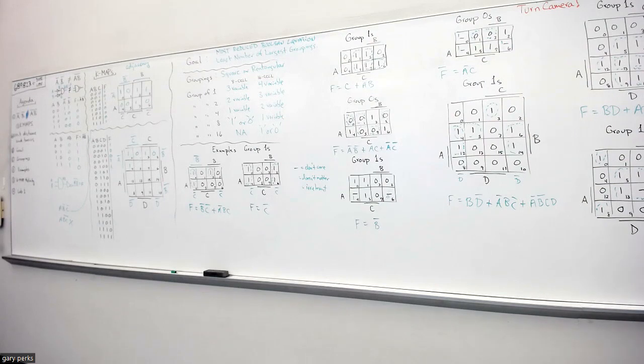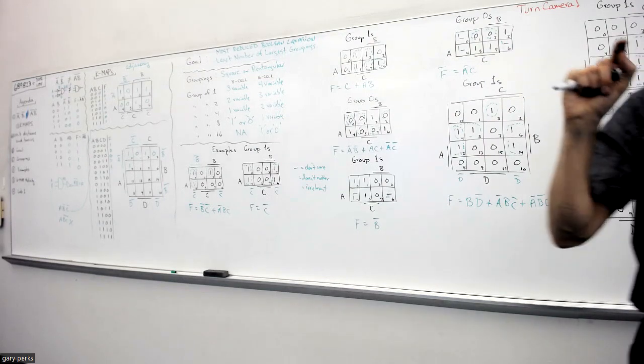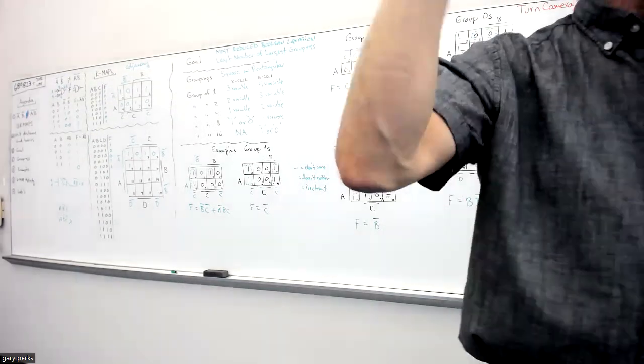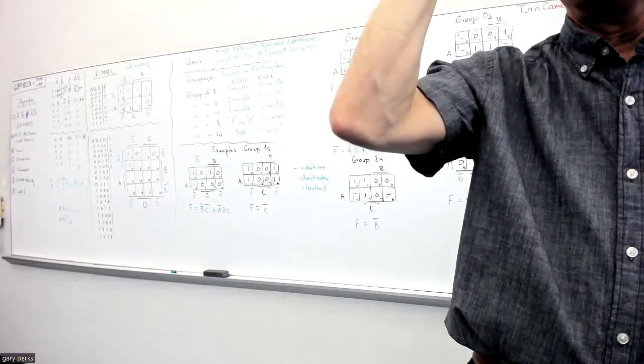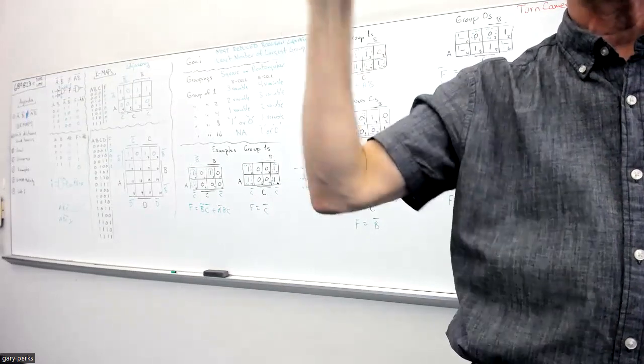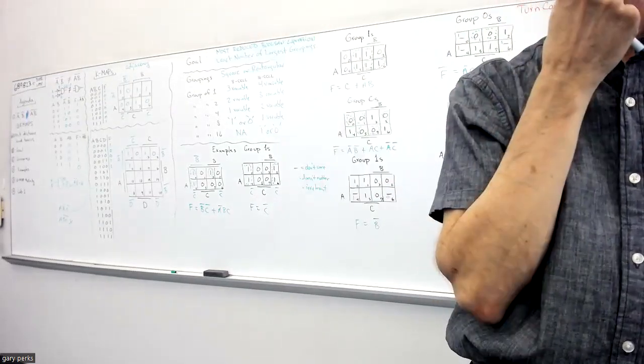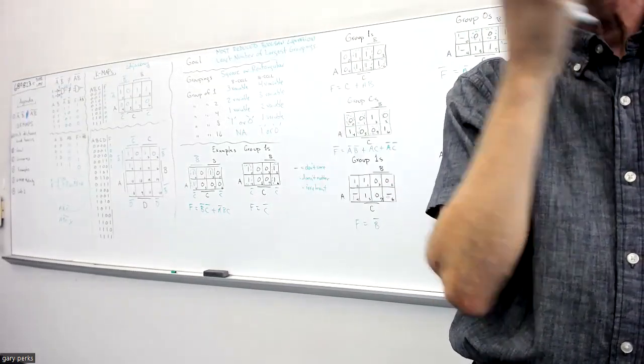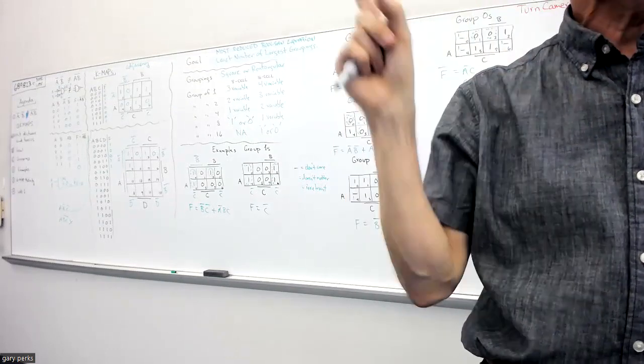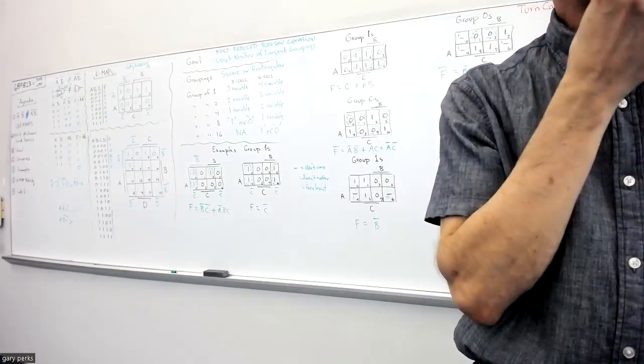Now, thinking back to last class, what if we wanted POS for F? Product of sums for F, what would we have to start with? SOP for not F. Same thing with a Karnaugh map.